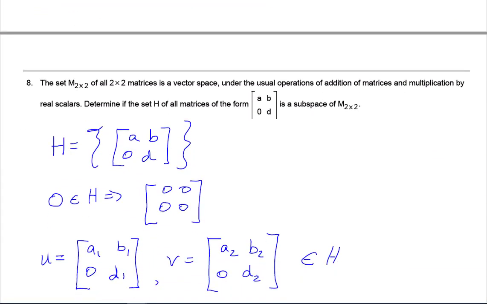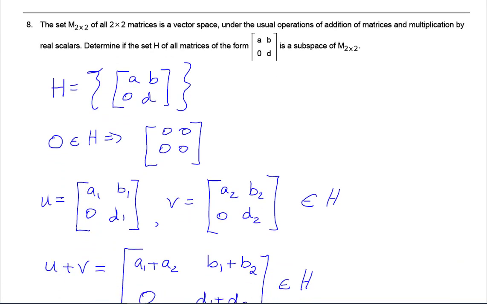What about matrices? All right, supposing we've got M 2 by 2, which is the set of all 2 by 2 matrices. I'm going to form a set H, which consists of all matrices of this particular form: a, b, 0, d. Well, is 0 in there? Well, yes, a, b, d could all be 0.